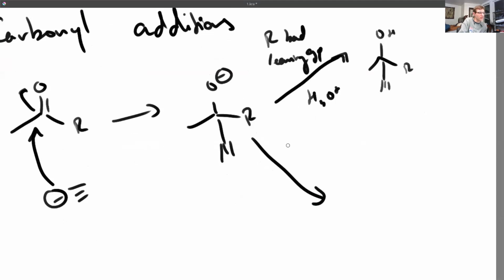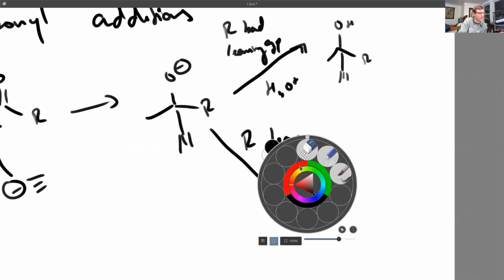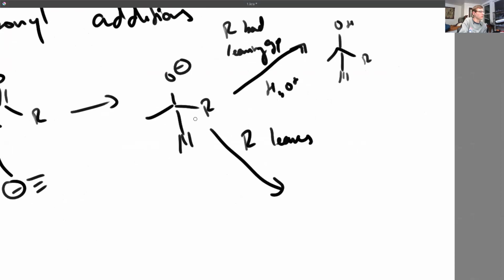But if we could kick R off, let me pick a different color. Then we can get a whole ketone, which is extra nice.